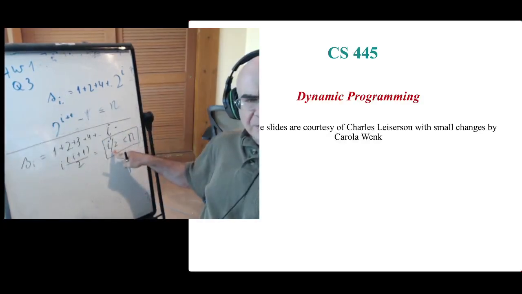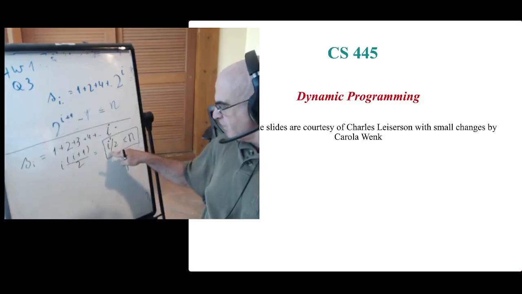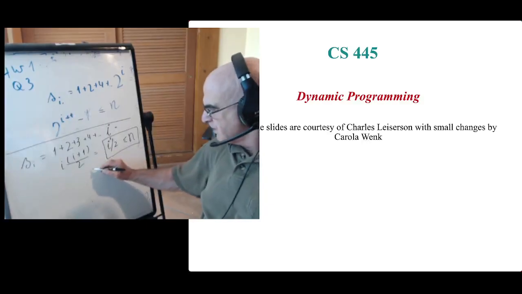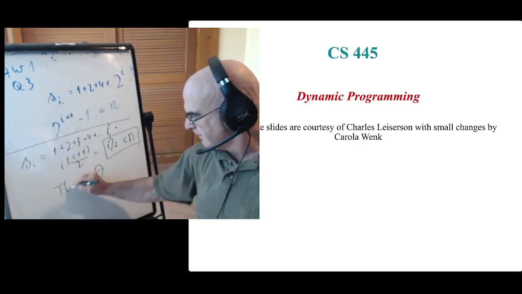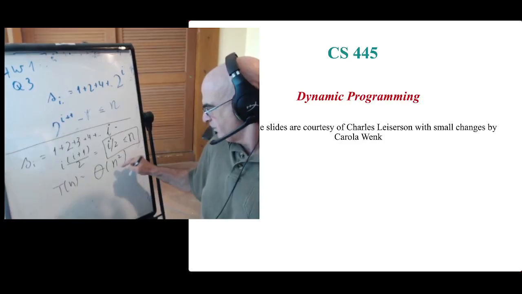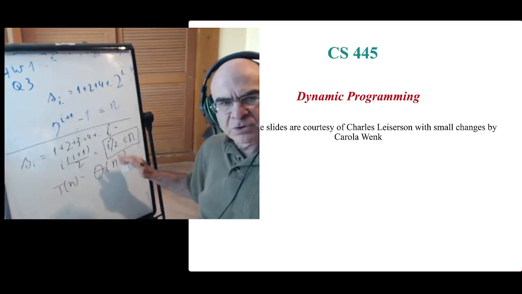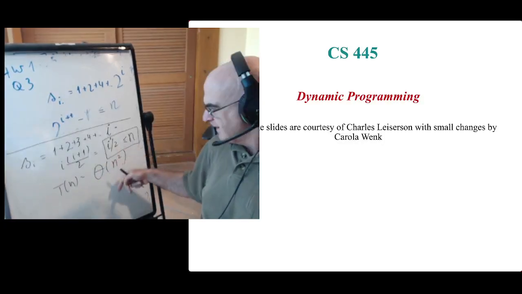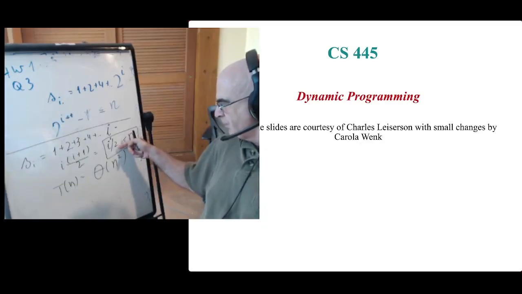And now I saw that some people from this point concluded that the running time T of n is therefore theta of n squared, which was exactly the reverse. The intuition that something needs to have a quadratic behavior is correct.